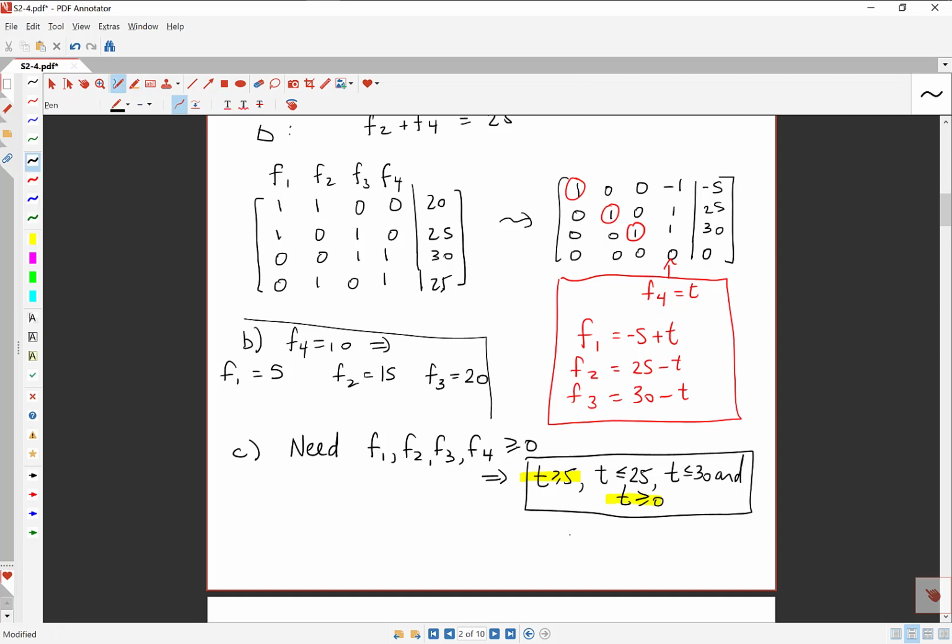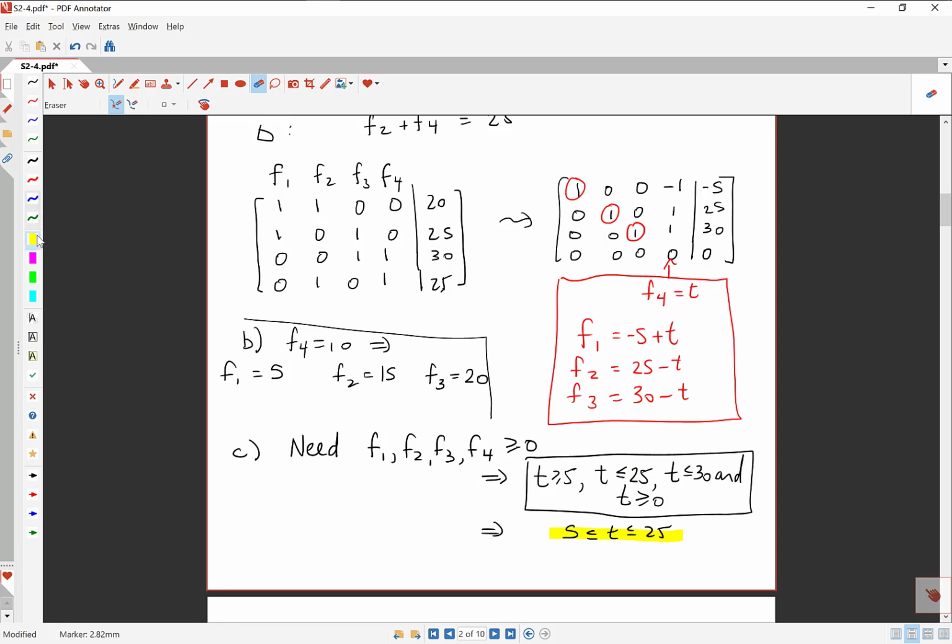T being at least 5 covers both scenarios. And similarly, once you say T is at most 25, that makes sure that T is at most 30 is also satisfied. So in order to satisfy all of these, what we need is for T to be somewhere between 5 and 25. Those are the allowable T values to make sure that all these flows are non-negative.